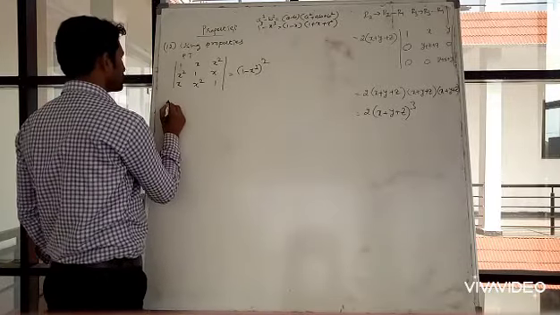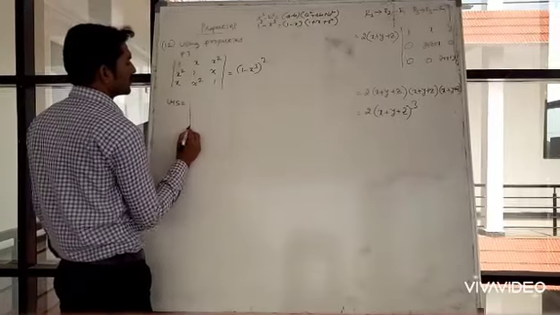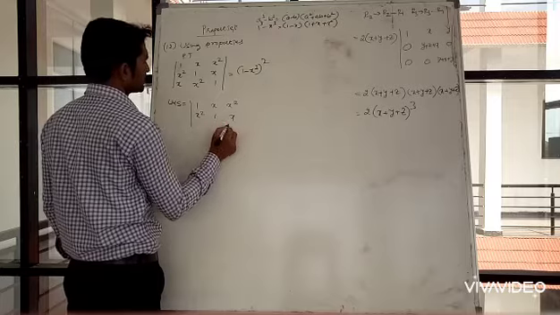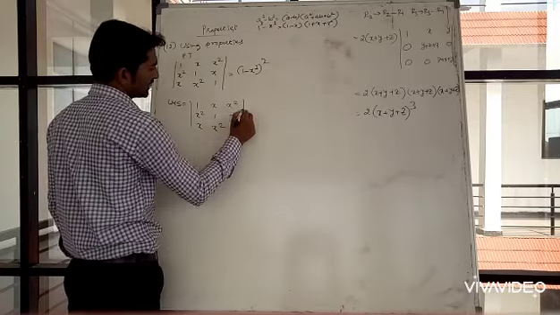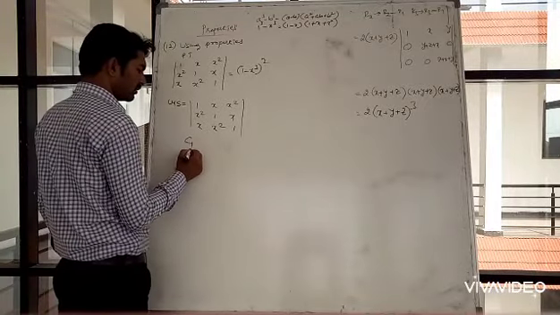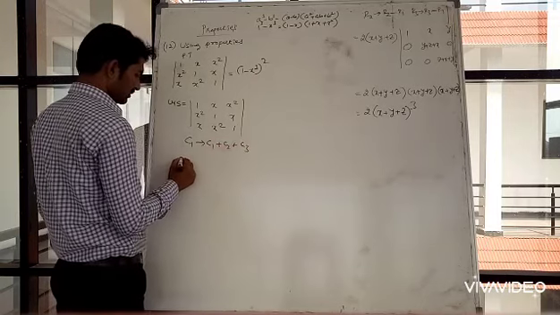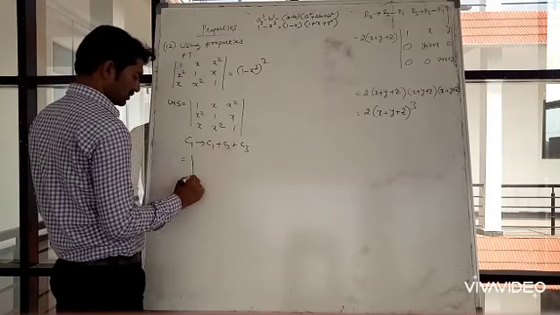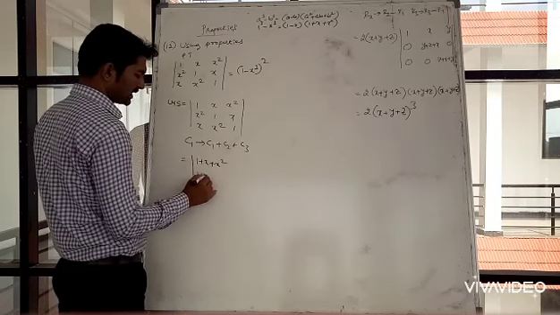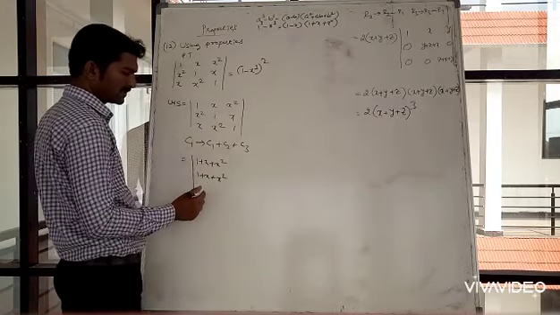That we will see later. So first we will consider the LHS, the determinant 1, x square, x; x, 1, x square; x square, x, 1. Then to get 1 plus x plus x square, now write like this: C1 implies C1 plus C2 plus C3. So C1 is 1 plus x plus x square, C2 also like that, 1 plus x plus x square, because x square plus 1 plus x is equal to 1 plus x plus x square.